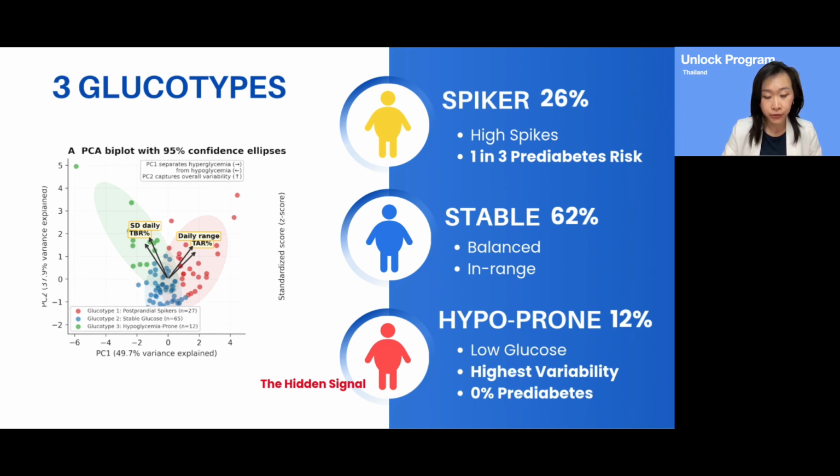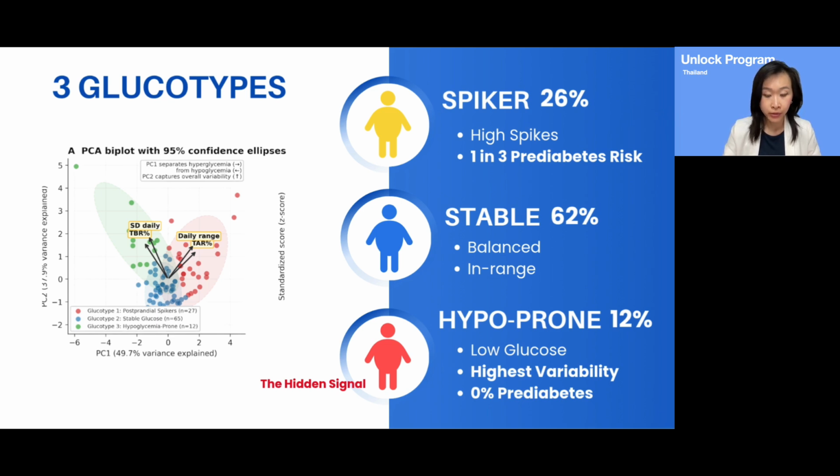The second group was the stable glucose phenotype, which represented 62% of participants. This group demonstrated low time above range, low time below range, and relatively narrow glucose variability. This appeared to represent the metabolically stable phenotype.